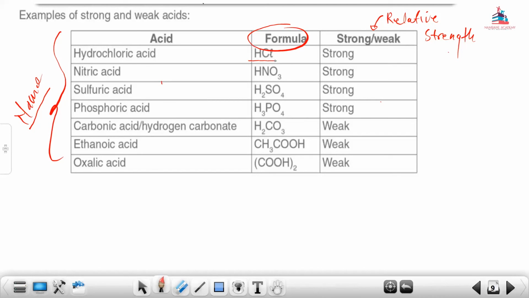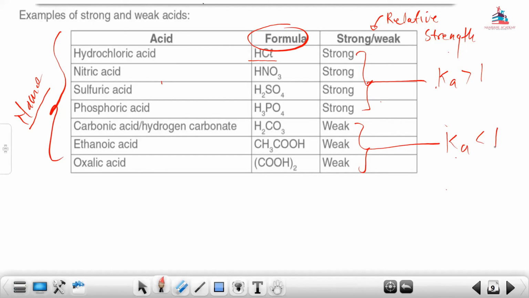We know from general science that these ones here will be strong, and you can assign a Ka value which will be greater than 1. And these ones here will be weak. Definitely we know the Ka will be smaller than 1. And what is Ka? I explained. Ka is just the ionization constant of an acid.